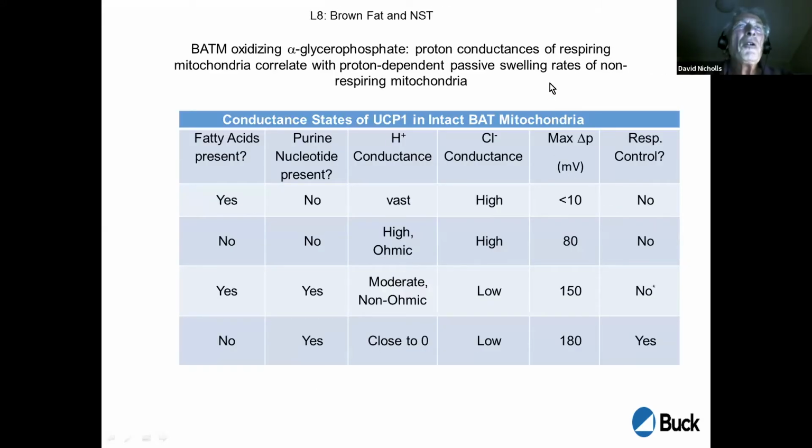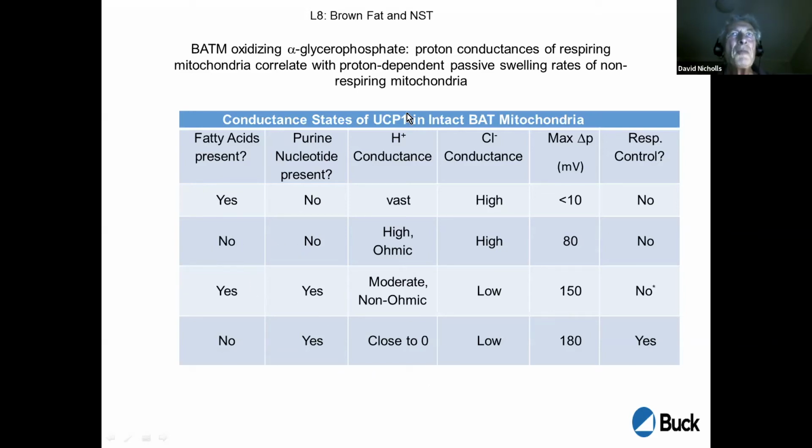And when we moved on to brown fat mitochondria and did the same idea of measuring membrane potential, respiration, and working out conductance by Ohm's law, we found that we have two variables, fatty acids and purine nucleotides. The fatty acids can be present or not, and the nucleotides can be present or not. So you have 4 possible combinations of activators and inhibitors to look at.